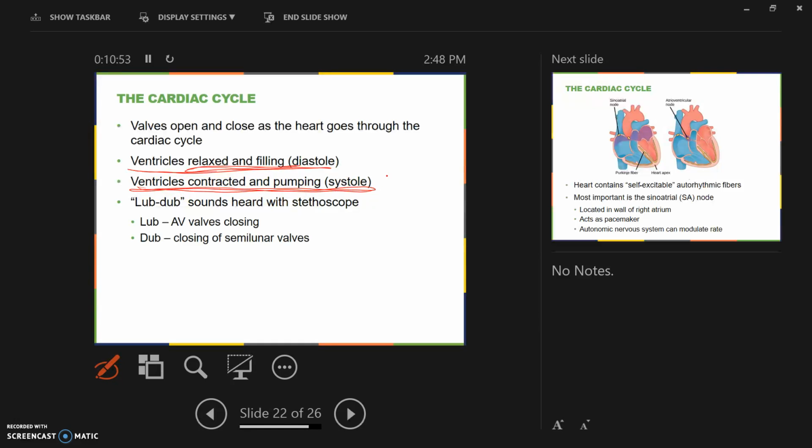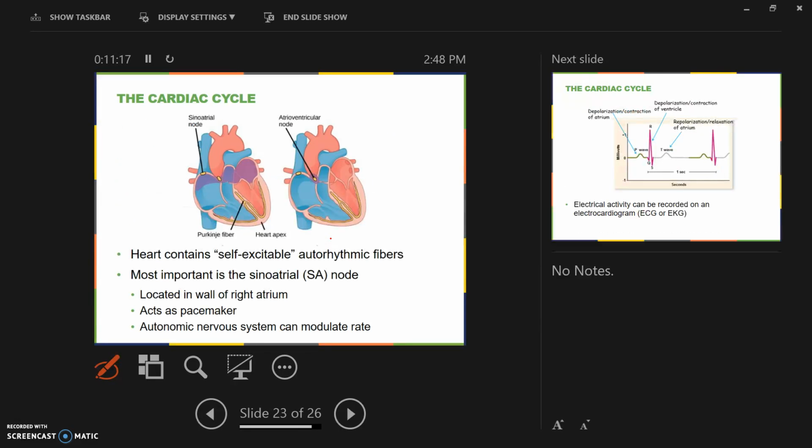As the heart pumps blood, it makes sounds, and the loudest sounds that we hear with a stethoscope are lub-dub, lub-dub, lub-dub. So the lub, the first heart sound, represents the AV valves slamming shut, and the dub represents the closing of the semilunar valves. It's a softer sound because they don't slam shut as hard as the AV valves do.